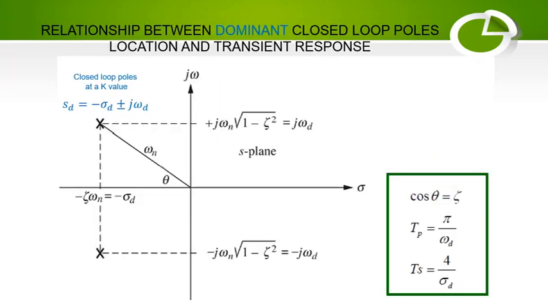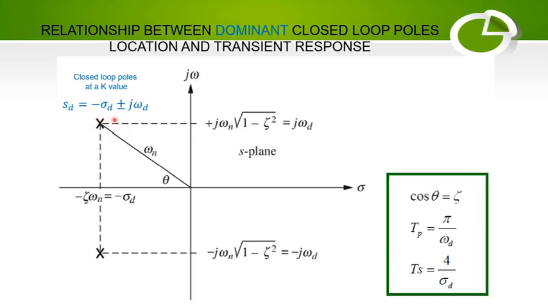Before we proceed, let us do some revision on what we have learned in chapter 1. In chapter 1, we learned that a control system with underdamped response will have complex poles on the left hand side of the S-plane as shown here.